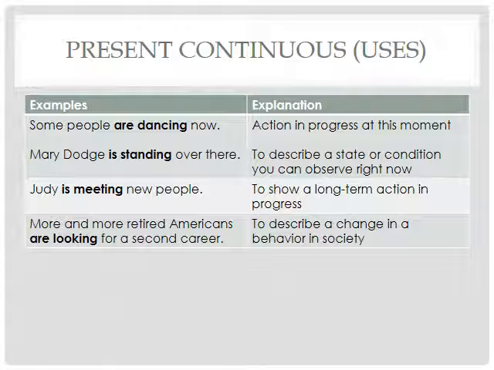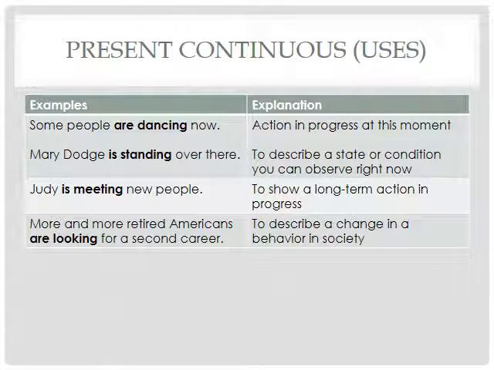It can also be used to describe a state or condition you can observe right now. So the difference between those two definitions is just that the first one, some people are dancing now, refers to an action, something that's ongoing.